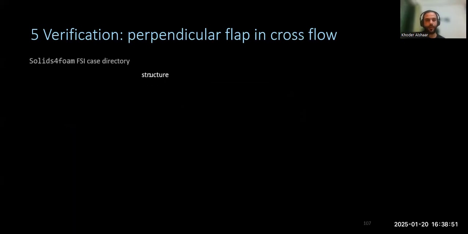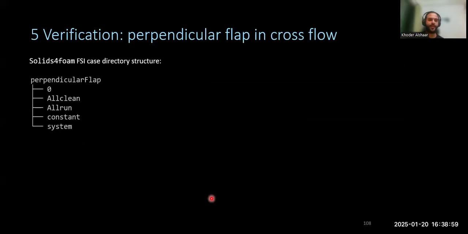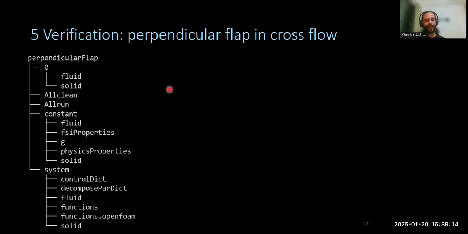So how is this defined in the case directory? What is the case directory structure for solids4foam in FSI problems? For the case we're talking about, perpendicular flap, we have the 0 folder, constant, and system folder. If we expand these directories, we see that almost every folder has fluid and solid: 0 directory fluid, 0 directory solid, constant for fluid, constant for solid, and also FSI properties and physics properties.